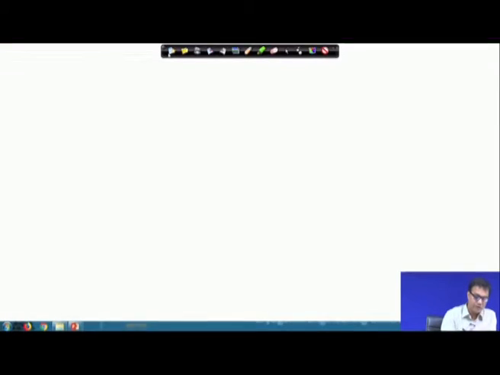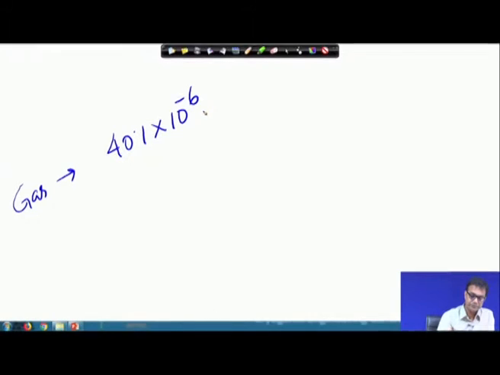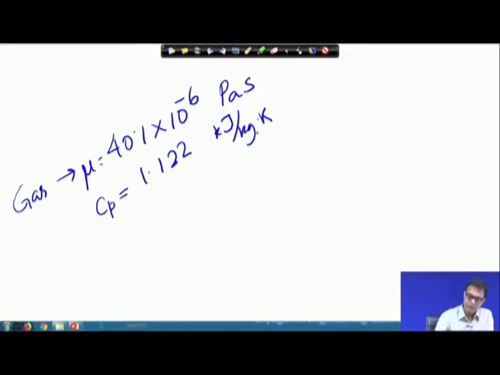For the gas we have mu equals 40.1 into 10 to the power minus 6 Pascal second, Cp equals 1.122 kilojoule per kg Kelvin, and Pr equals 0.731.